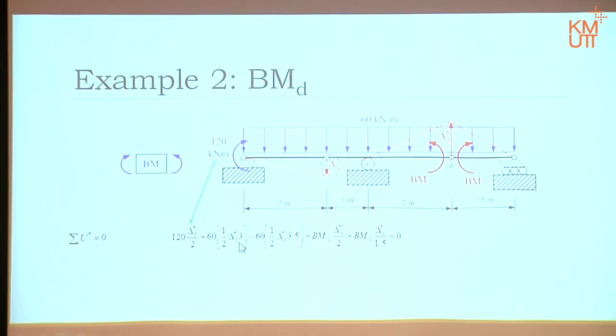Then that one comes from that distributed load. The work done is equal to the magnitude itself, 60, times the area under the displacement shape. In this part, this is the displacement shape, triangle. Correct? Therefore, a half times the height times the base. The height is measured from 90 degrees.